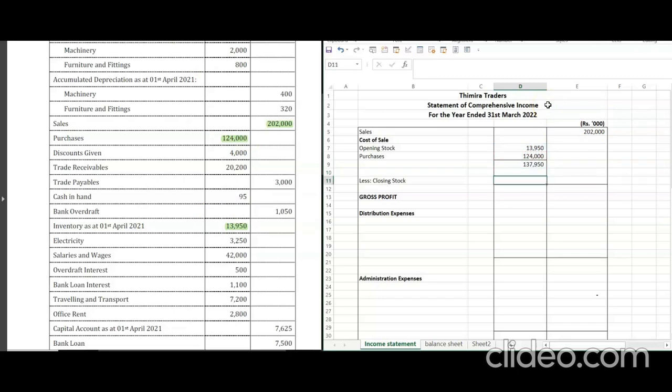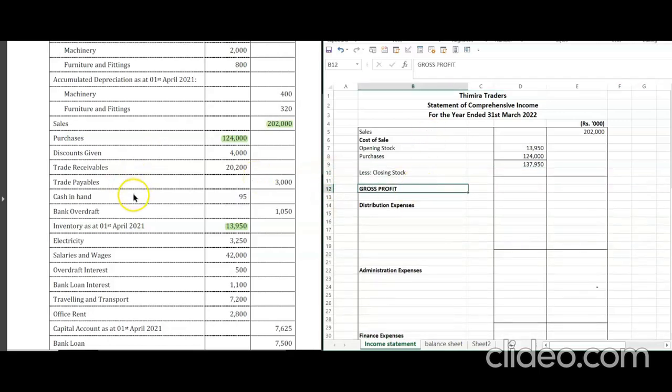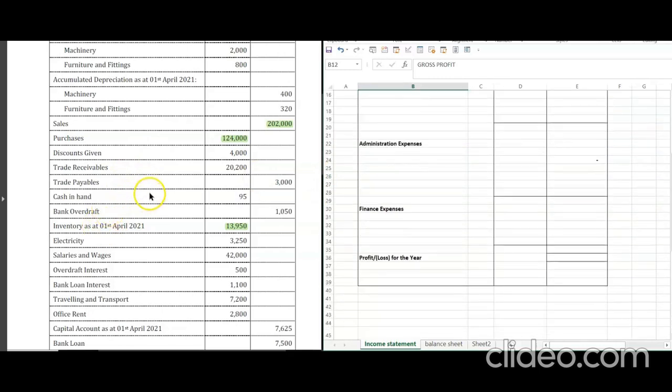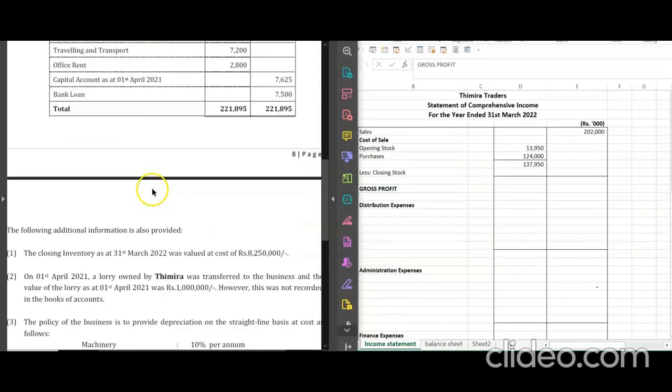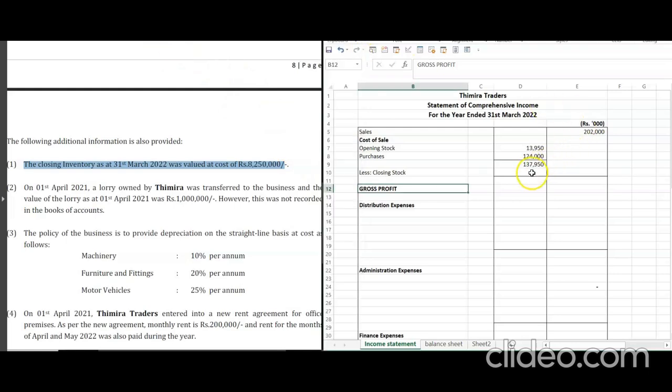Now you have to deduct the closing stock. What is the closing stock? Closing stock is not given in your trial balance. It is given under additional information. That is this. The closing inventory is 8,250 because you have to put it in thousands. So 8,250 is your closing stock.